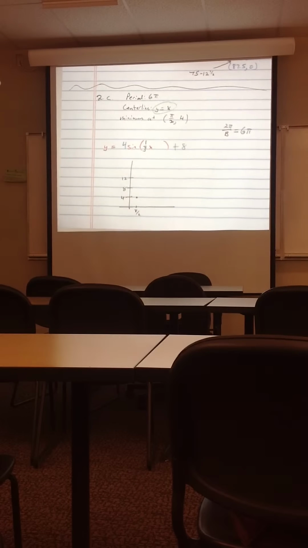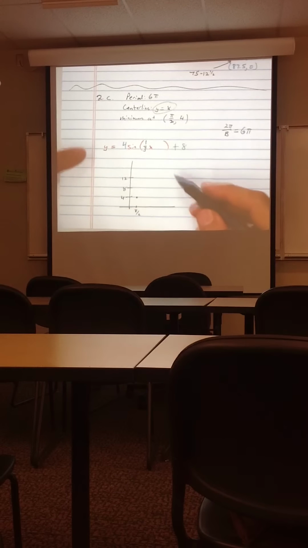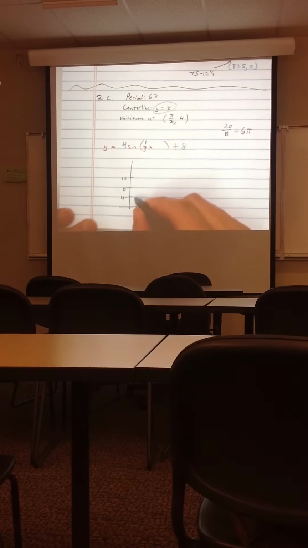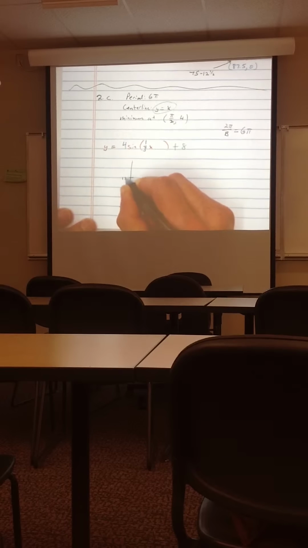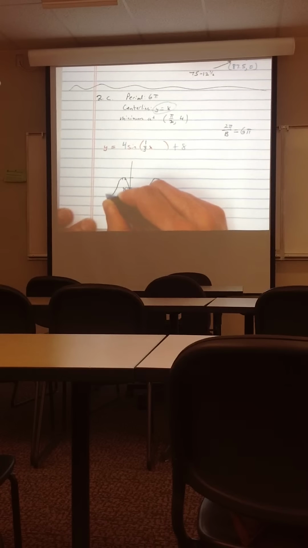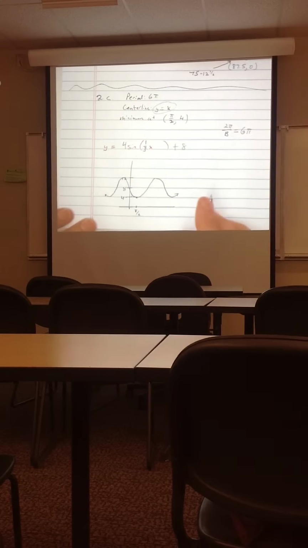We only have 1 point. We got to visualize the rest of this graph. So you know this is a cosine or a sine, that's the same picture. So we know it hits that point, and then it goes up to the top, and then it comes back down, and then it does the same thing back this way. Okay, we're just sketching it so we can look at it and talk about it.